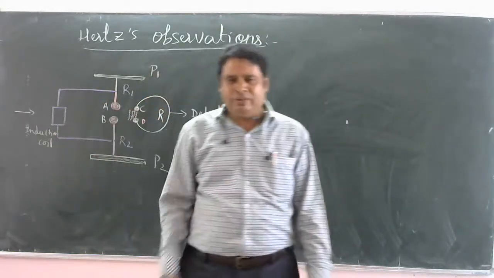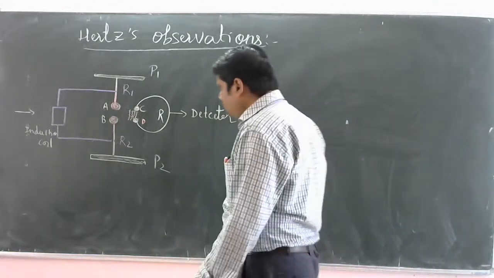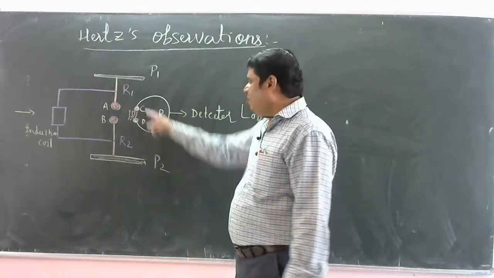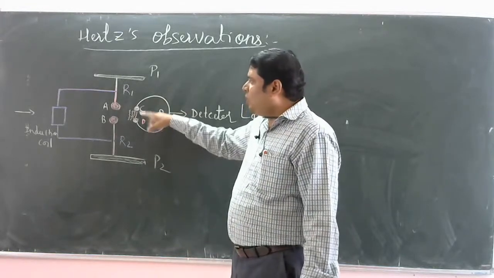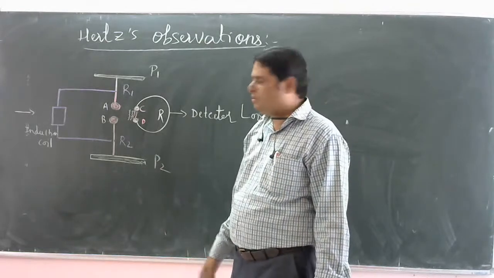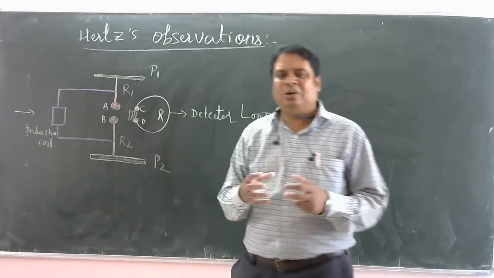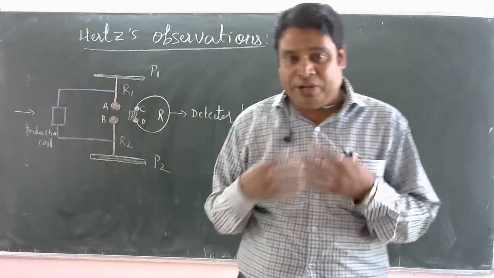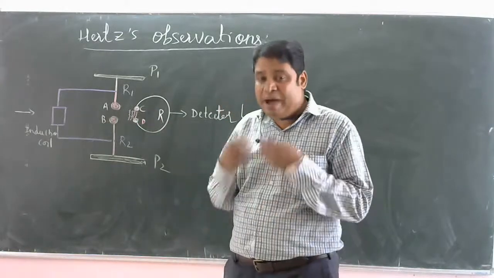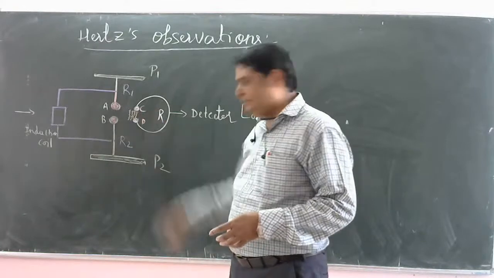What is an induction coil? You know that, chapter 7-6. This loop is called the detector loop. When high voltage is applied, we observe high voltage electric sparks between C and D.